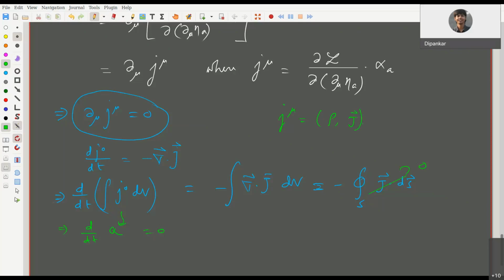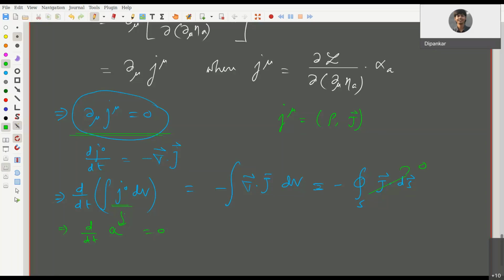The 0th component of a current is usually interpreted as a charge density, precisely because if the current satisfies my equation of continuity, then I know that the time derivative of the total integral of the 0th component of the current is 0. And if I want to interpret that to be a total charge, then J0 should better be interpreted as a charge density.